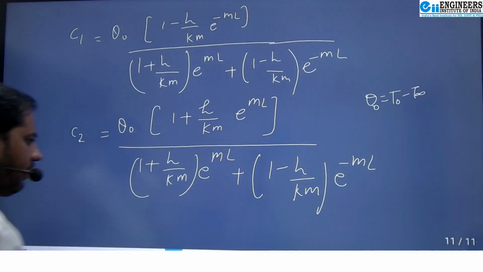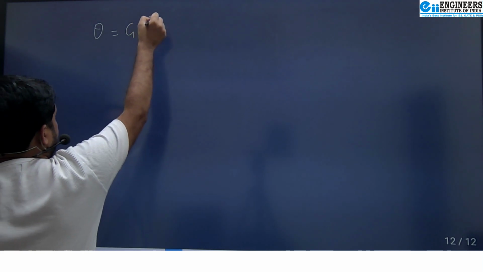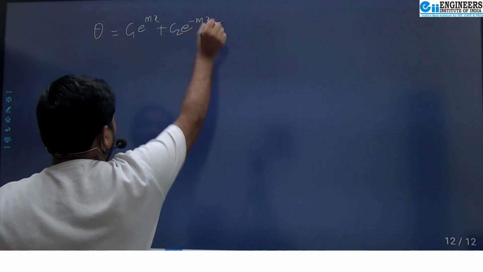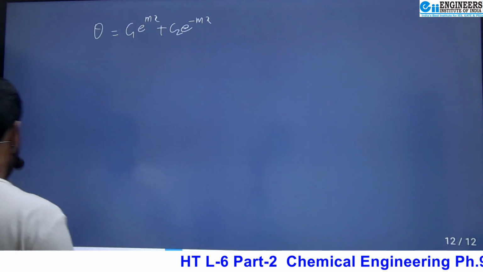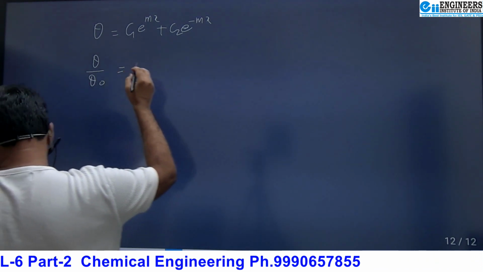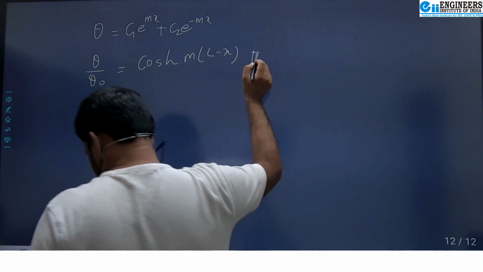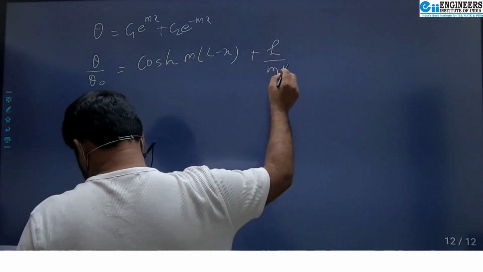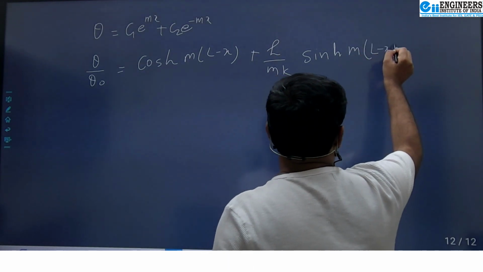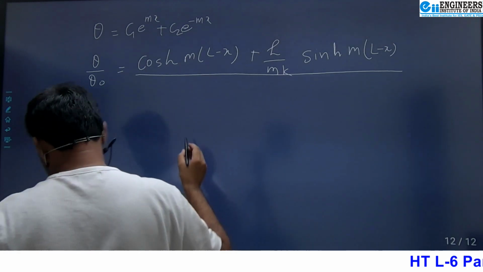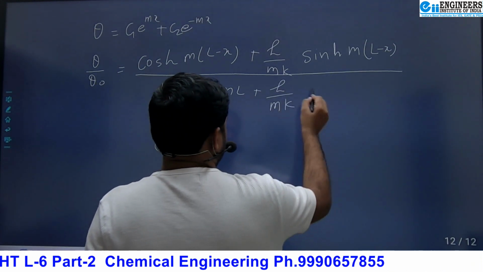So if you put in the general equation that theta at any distance x is C1 e power mx plus C2 e power minus mx, and you put these two C1 and C2 in that expression, you will get theta by theta naught equal to cosh m(L minus x) plus h by mk sinh m(L minus x), divided by cosh mL plus h by mk sinh mL.